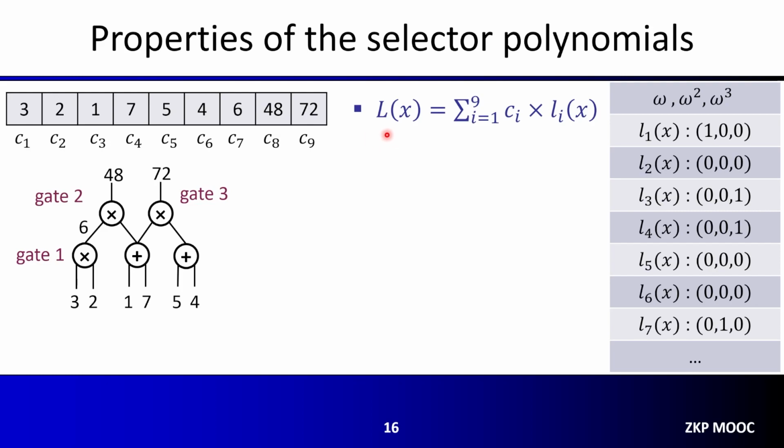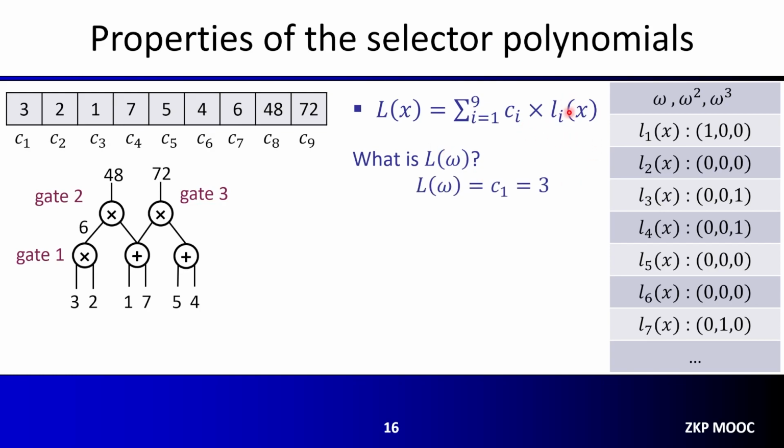Once we have this capital Lx, what is the property of this polynomial? Well, let's evaluate it at different powers of the root of unity. So what is L evaluated at point omega?